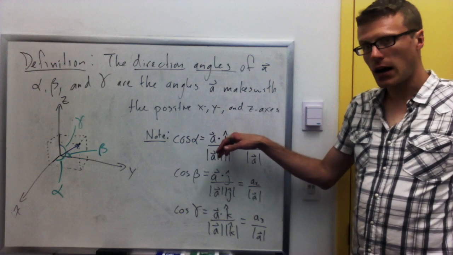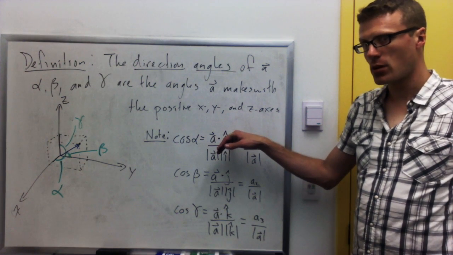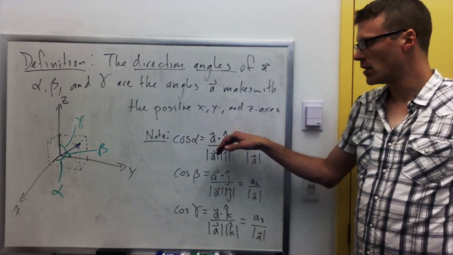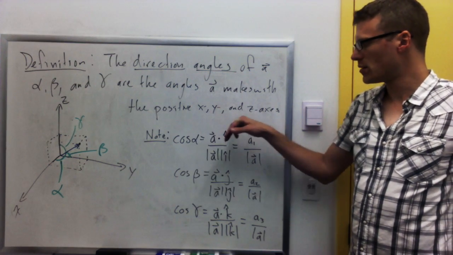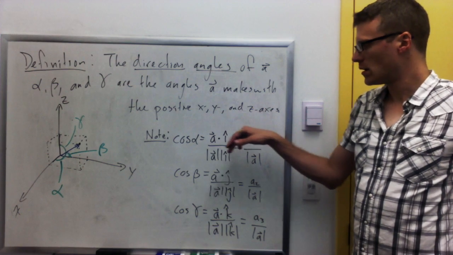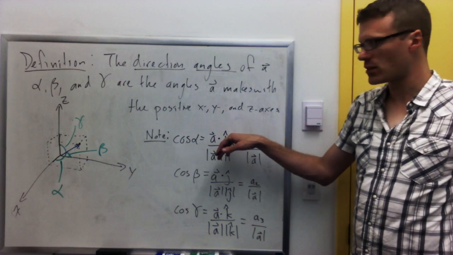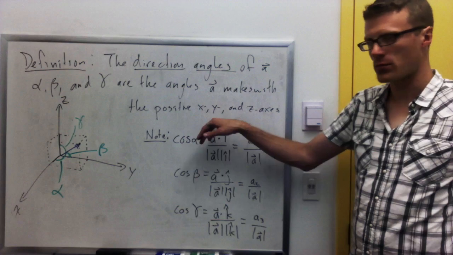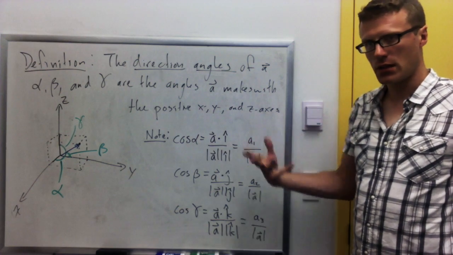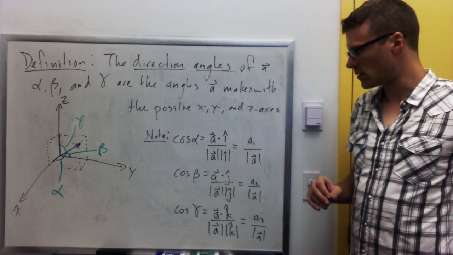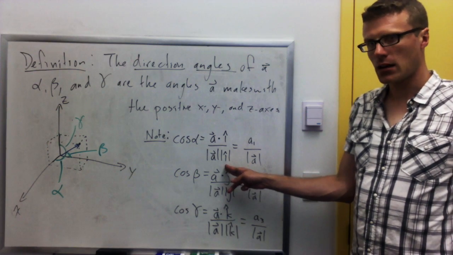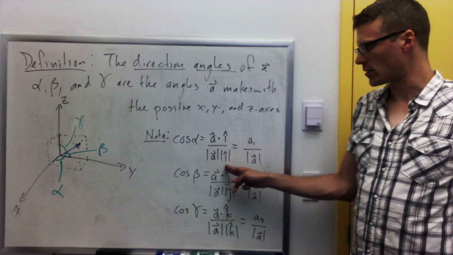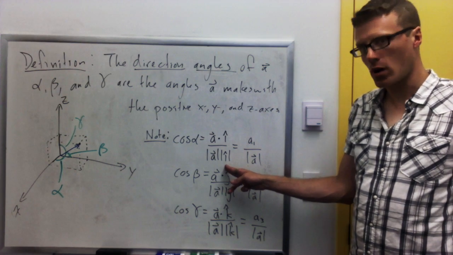Now i is 1 in the x component and 0 in the other two. So when you take the dot product of A and i, A1 times 1 gives us A1, and the other two components of i are 0, so A2 and A3 from A go away. If you need to, write that down, convince yourself that's true. Also, i is a unit vector. Its magnitude is 1.